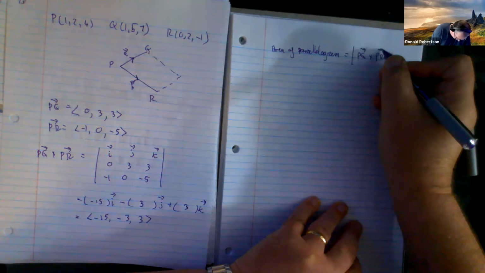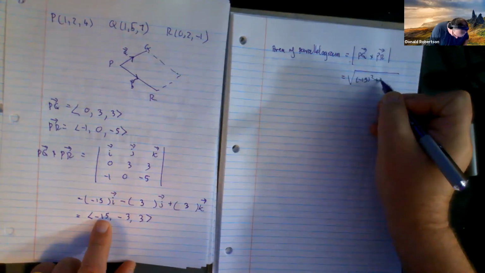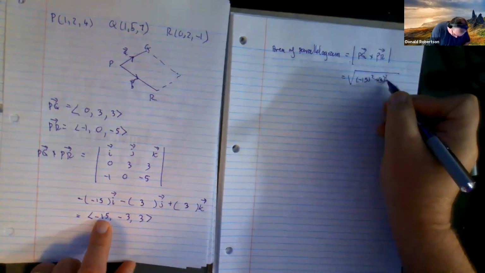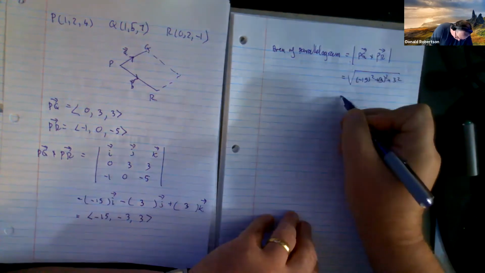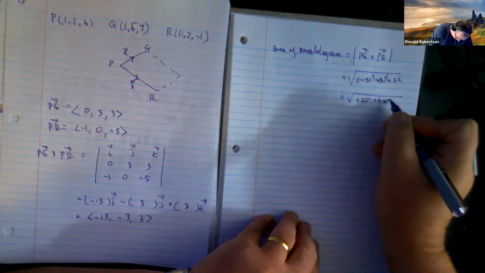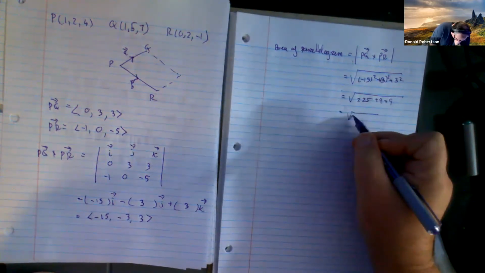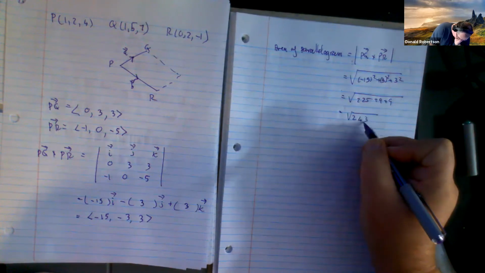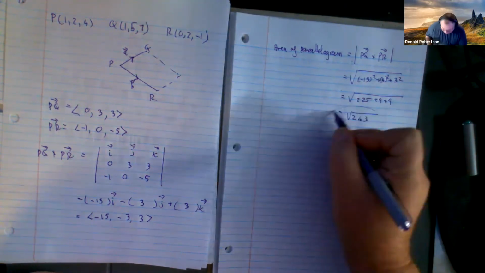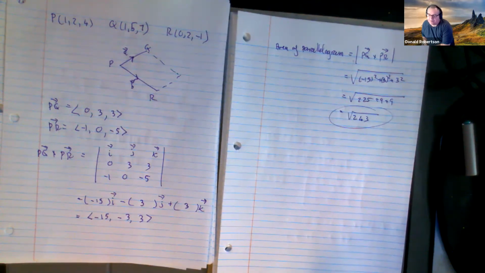And so that's going to be the square root of -15 squared plus -3 squared plus 3 squared. So that's 225 plus a 9 plus another 9, 18, 243. And I'm just going to assume that that can't be simplified. You might prove me wrong, but let's say you can't simplify it.